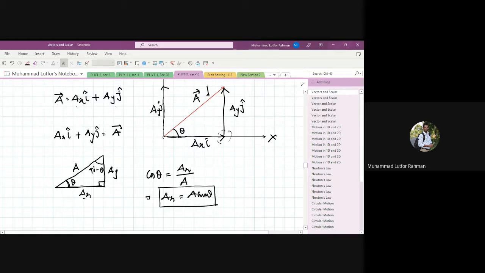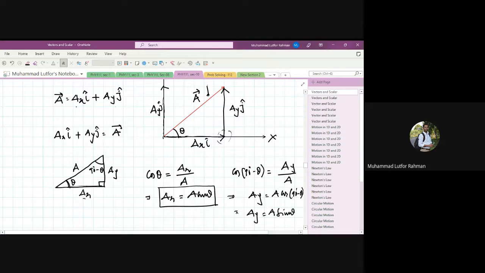That's fine. Now what about the y component? The y component creates an angle 90 degrees minus theta with the vector A. Then I write cos of 90 degrees minus theta equals the base, which is Ay, divided by A. That gives me Ay equals A cos of 90 degrees minus theta, and cos of 90 degrees minus theta is basically sine theta.